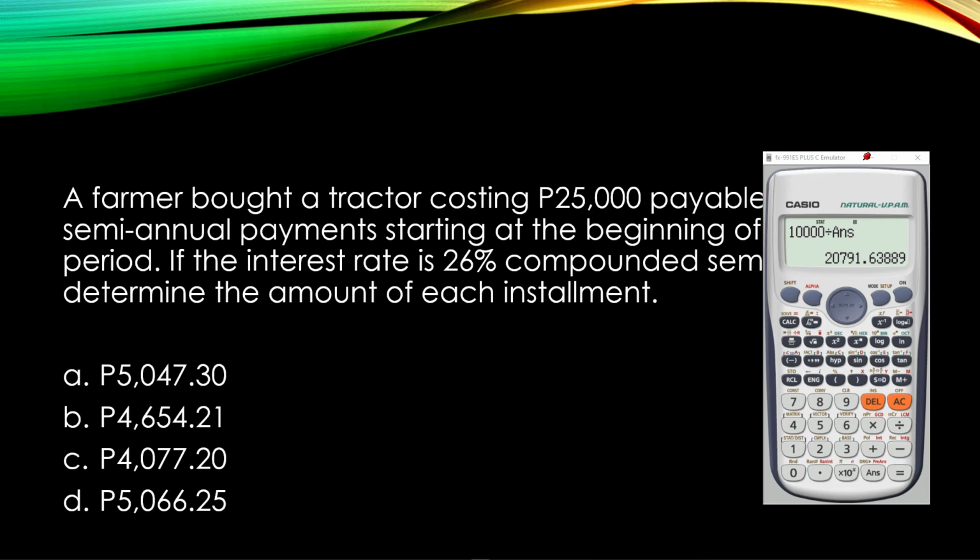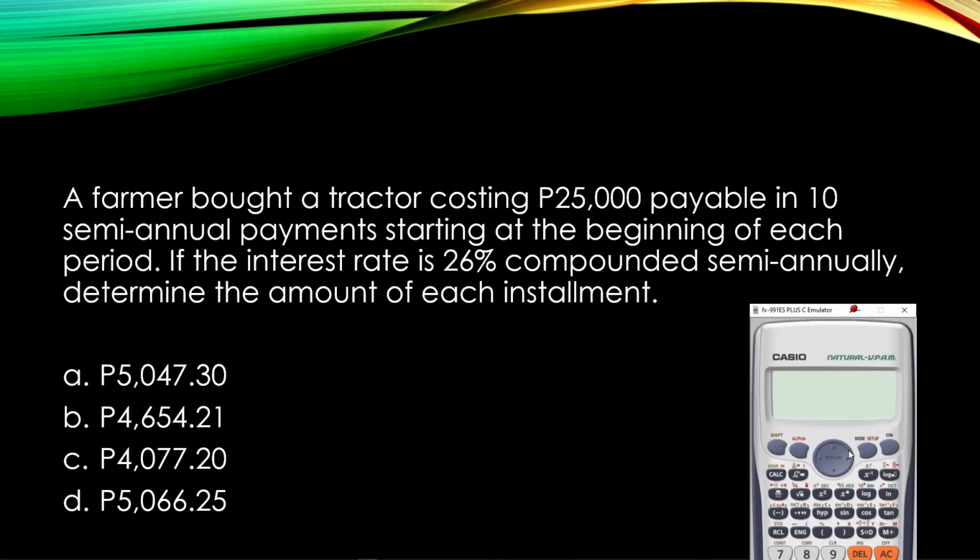A farmer bought, excuse me po. A farmer bought a tractor costing 25,000 payable in 10 semi-annual payments. Okay, take note, semi-annual payments. Starting at the beginning of each period.